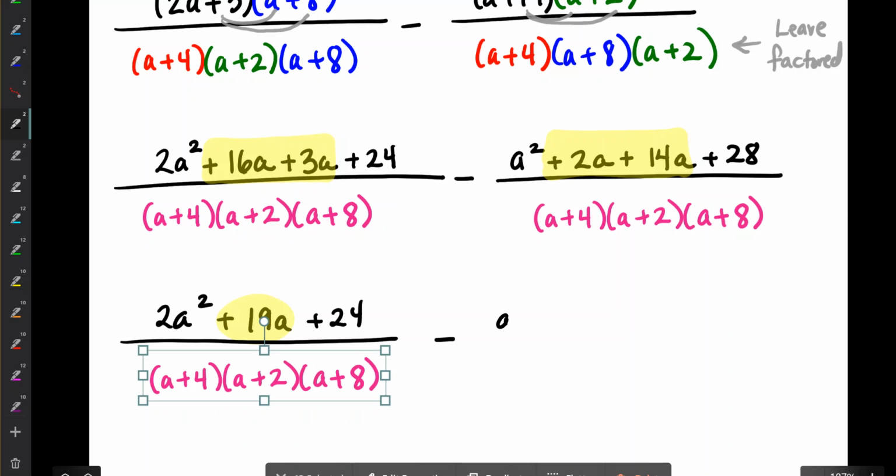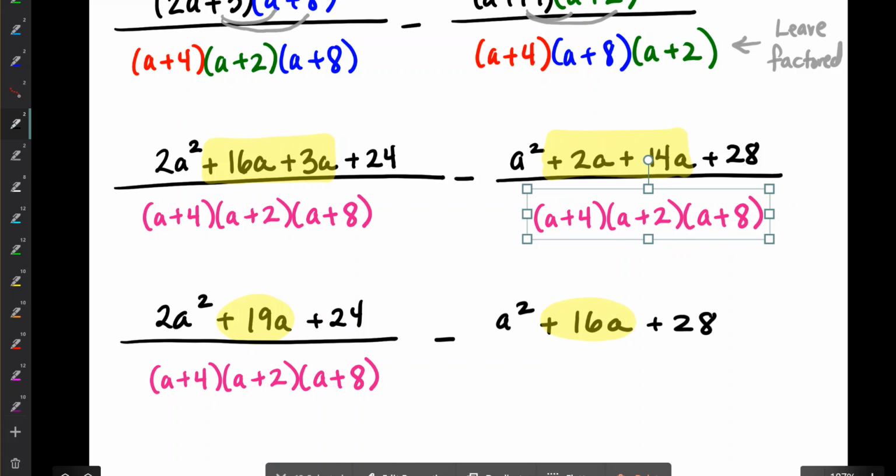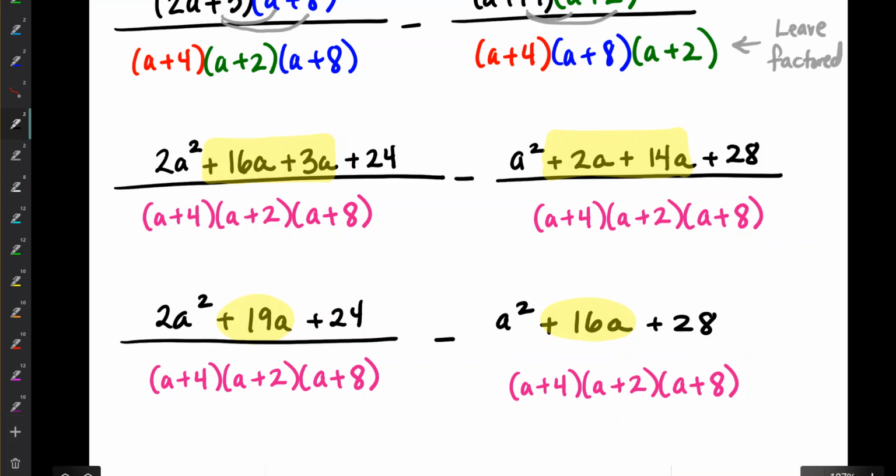Minus a squared plus 2a plus 14a is plus 16a, all over my common denominator.